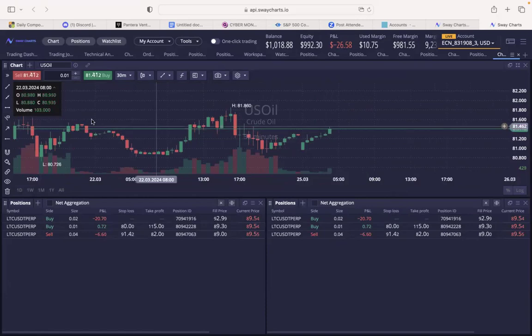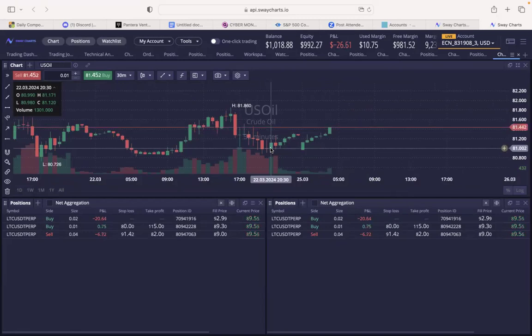But with crude and gold, the time that you trade matters, because your spread may be bigger when the U.S. market closes.